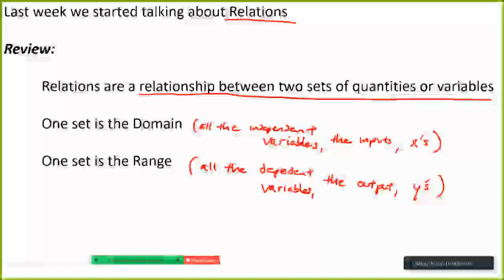So whenever I say domain, we mean like the list of all the independent variables. And another way to say that is it's all the input numbers, all the x's. And then likewise, the range is all the output numbers, all the dependent variables, all the y numbers. They kind of all go together. Any questions, concerns so far?